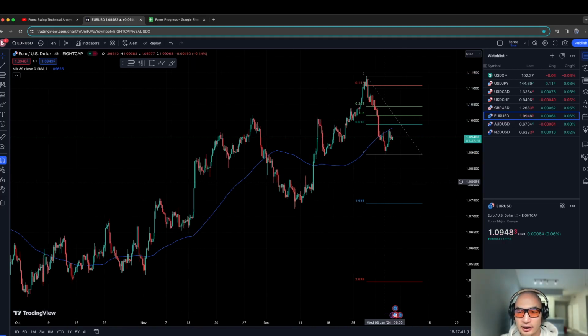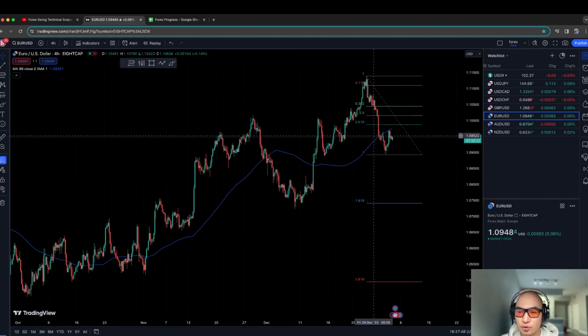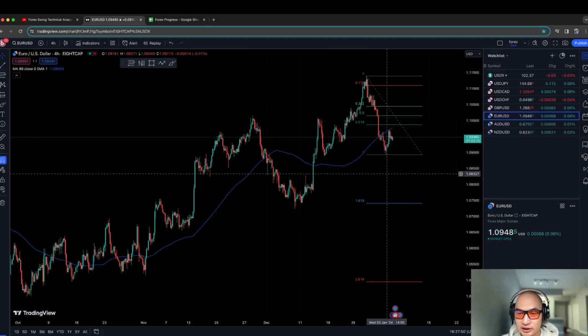Okay. Now we know the trend of the Euro USD, and I just need it to retrace into a good zone, then start selling Euro USD.